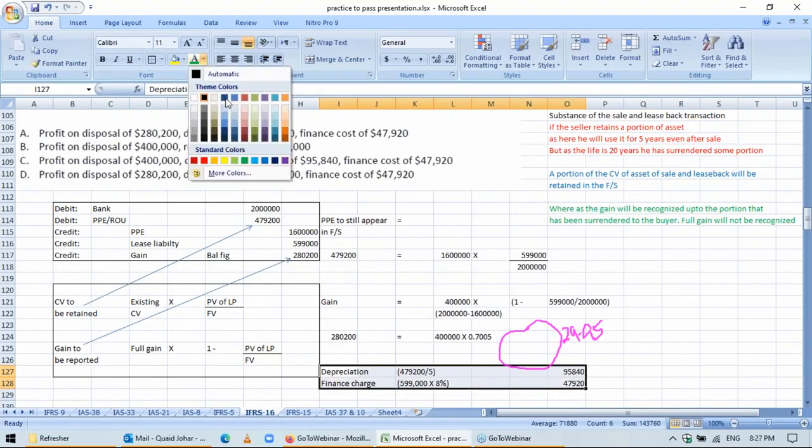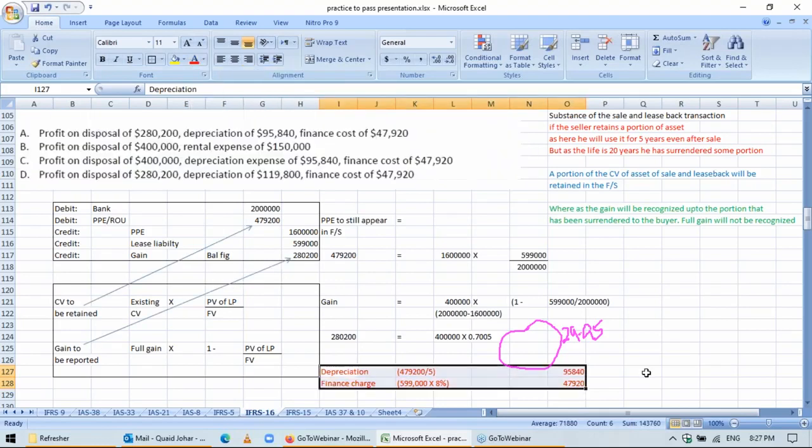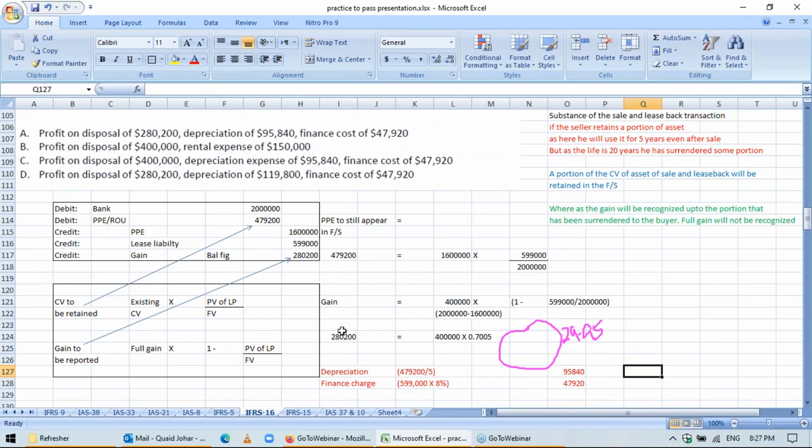I'm highlighting the answer in red, right? And the gain, which was recorded, 280,000, right? So these three items are given in this first option.